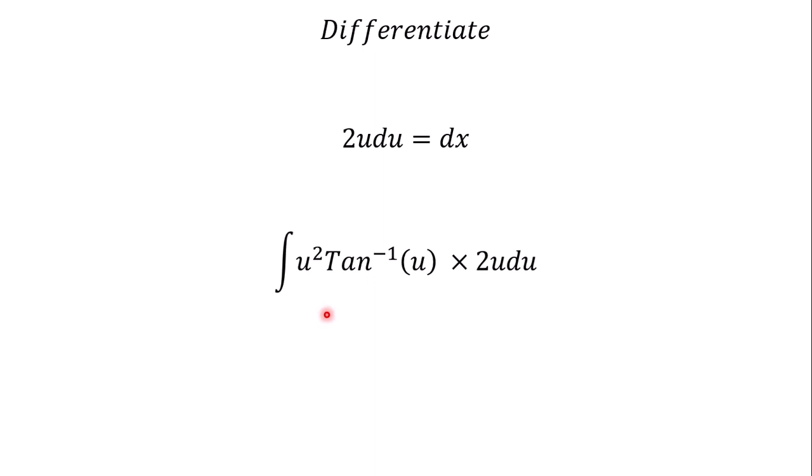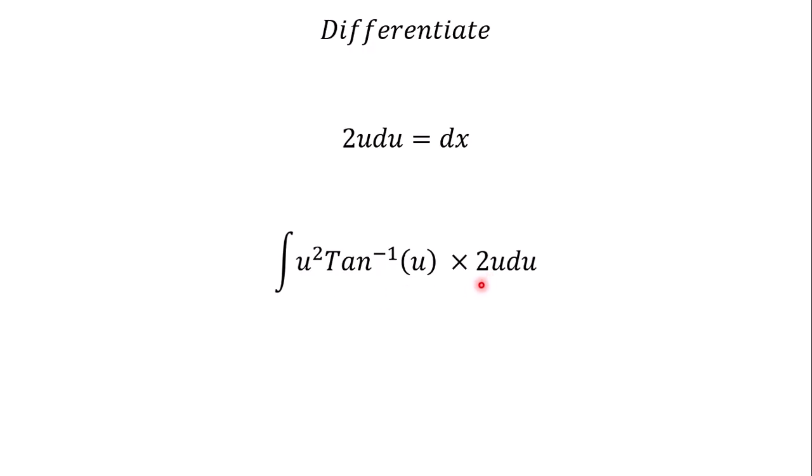U squared multiplied by tangent inverse of u times 2u du. Now you could see that this place is not scary anymore. It's like the normal thing that we know. Tangent inverse of x, tangent inverse of u. So when you differentiate, we can easily write our answers compared to the other one. Now let's multiply this.